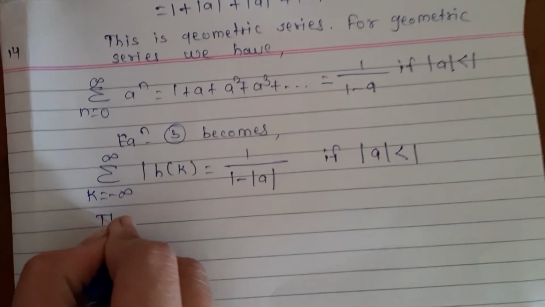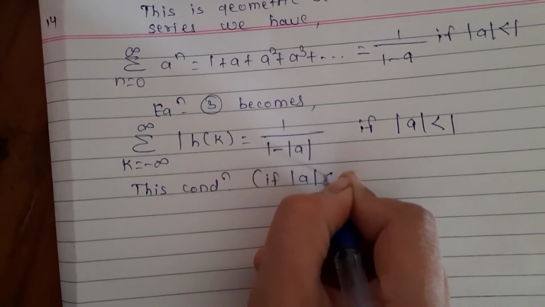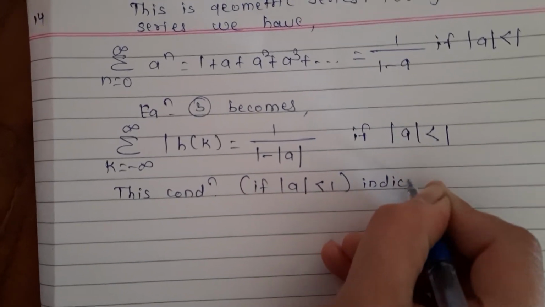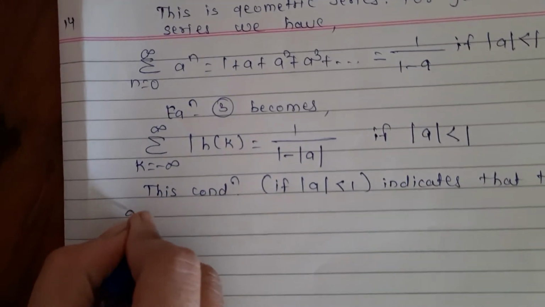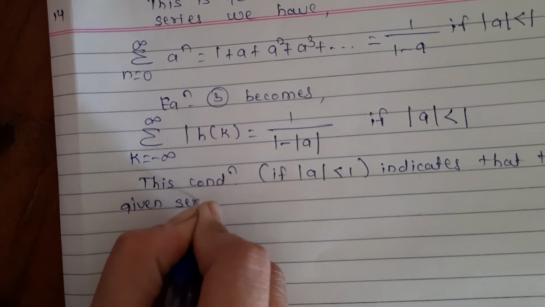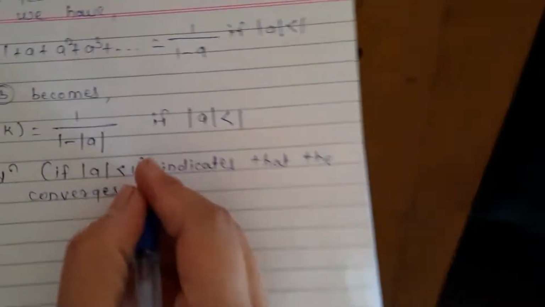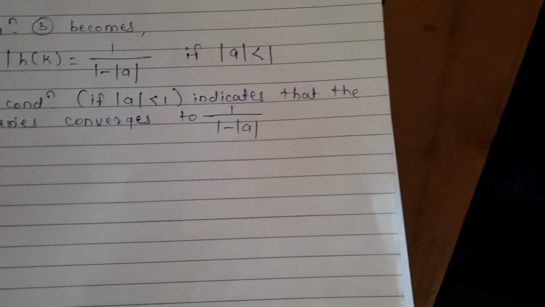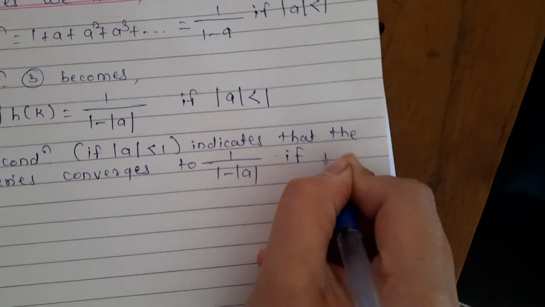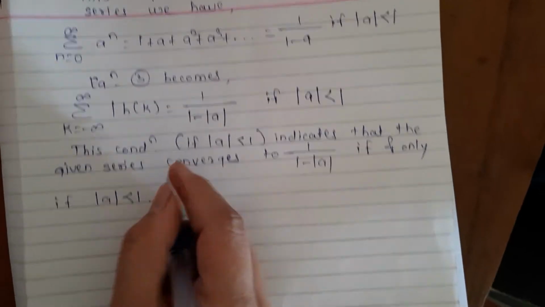If mod of a is less than 1, it indicates that the given series converges to 1 by 1 minus mod of a if and only if mod of a is less than 1.